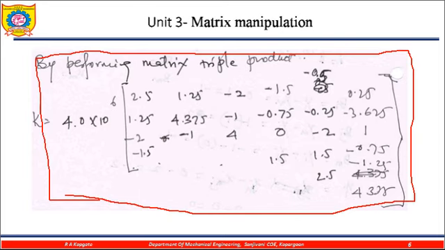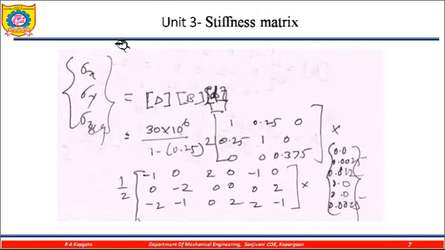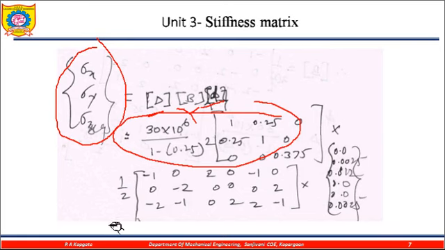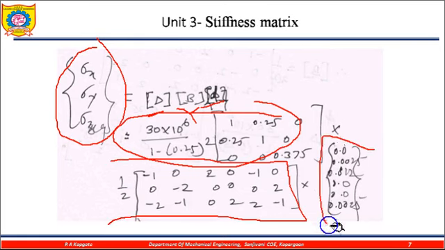Now let us move on to the calculation of the stress matrix. The stress matrix is equal to D matrix into B matrix into the displacement matrix. The D matrix is already calculated, and the B matrix is also calculated, multiplied by the displacement matrix, which is given in the examination.